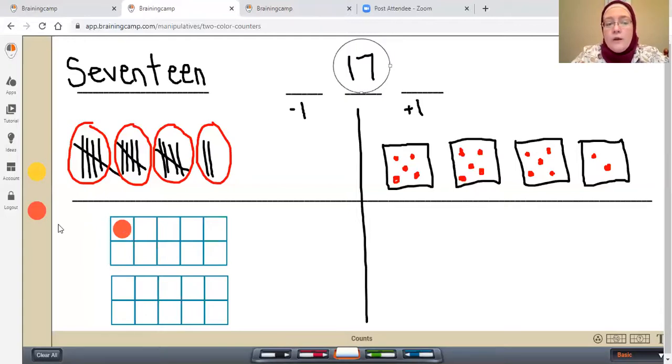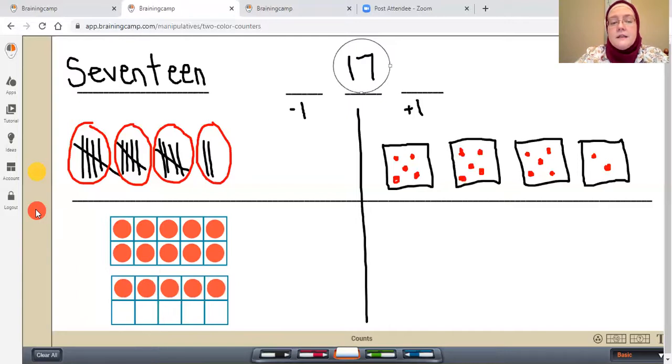Right now, I have 1 on there. 1, 2, 3, 4, 5. 6, 7, 8, 9, 10, 11, 12, 13, 14, 15, 16, 17, 18, 19, and 20.